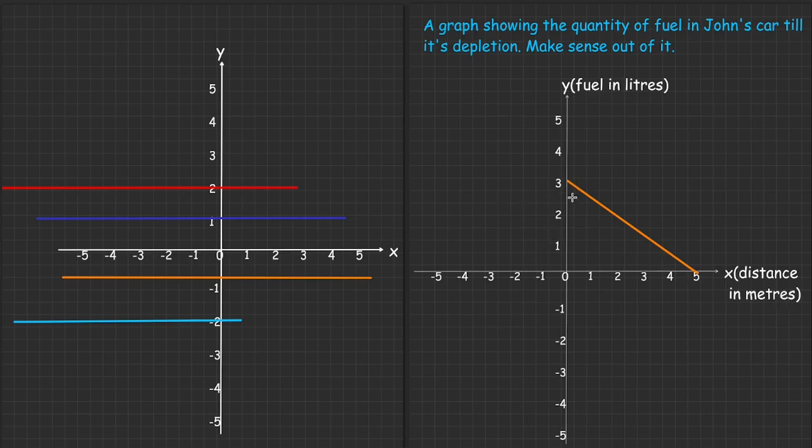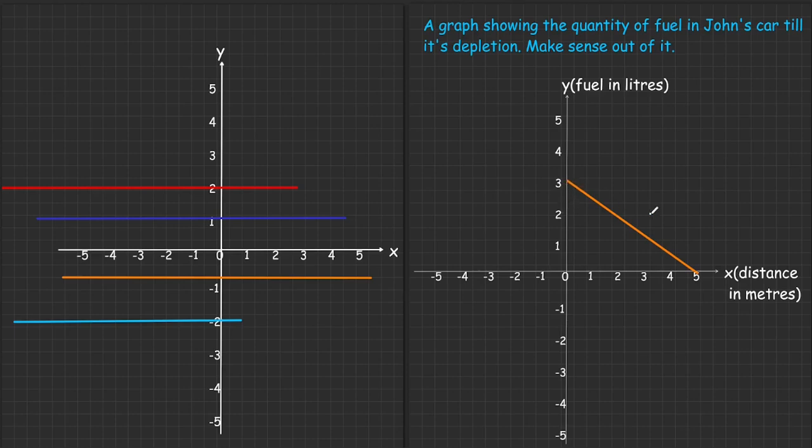Looking at it, if you are to identify our y-intercept, then we can easily say John started driving whilst his tank, that is the fuel in his car, actually had a 3-liter capacity. So it was 3 liters full.